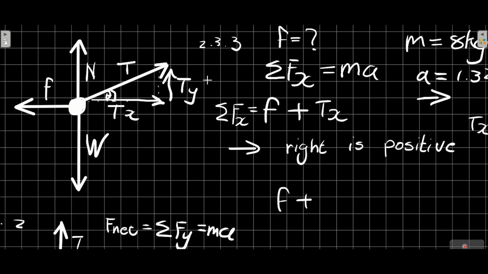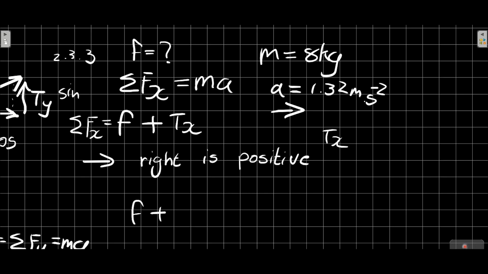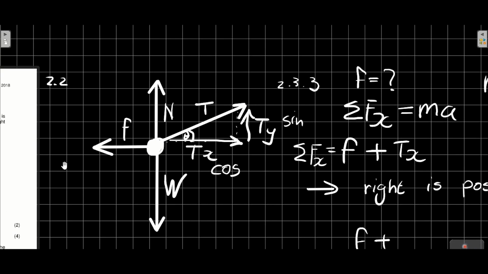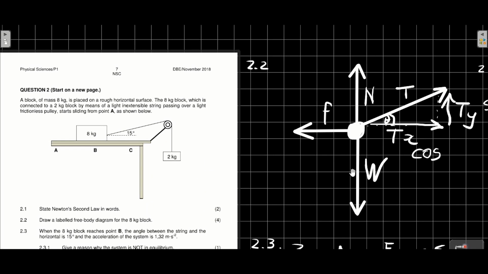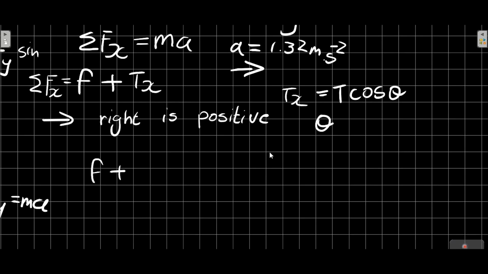So if it was opposite, we'd be using sine. But because it's adjacent, we're using cos. So our X component of T is equal to T cos our angle. And our angle in this question was given to us as 15 degrees.